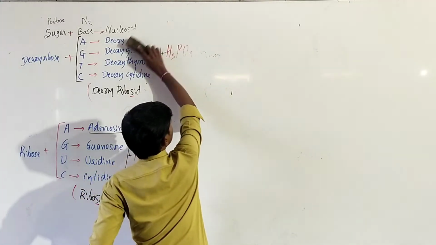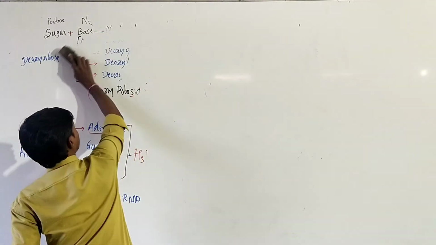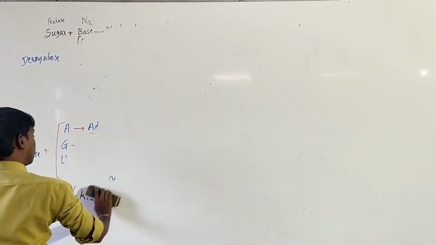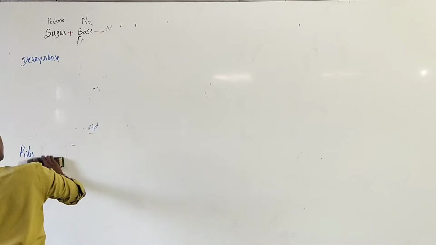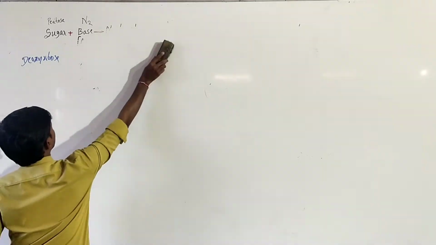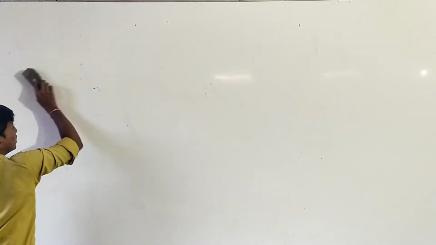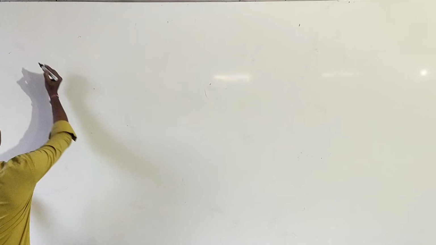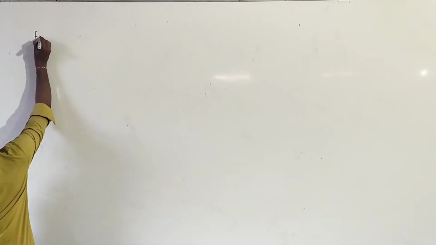We will see how different structures are arranged together to form a nucleotide. First of all, you should remember till the end of this chapter that DNA or RNA is made up of 3 major structures. So we'll see the formation of a nucleotide.